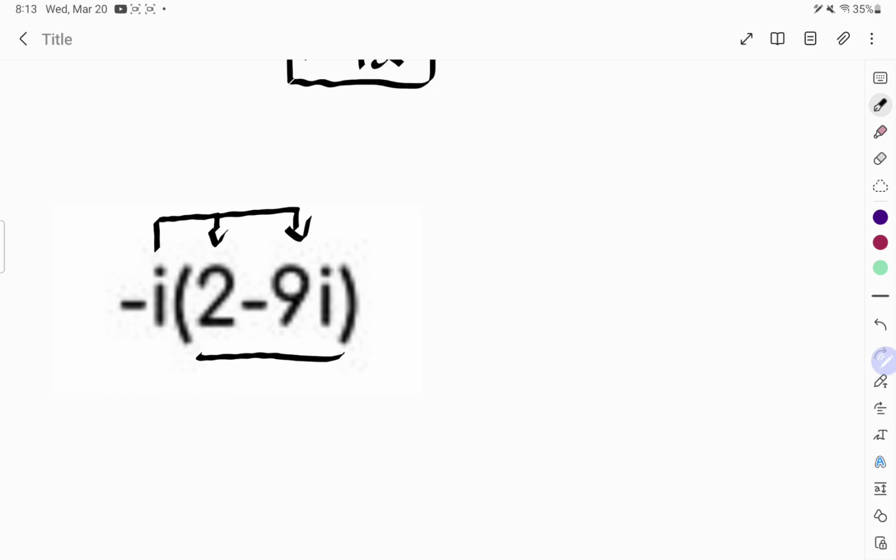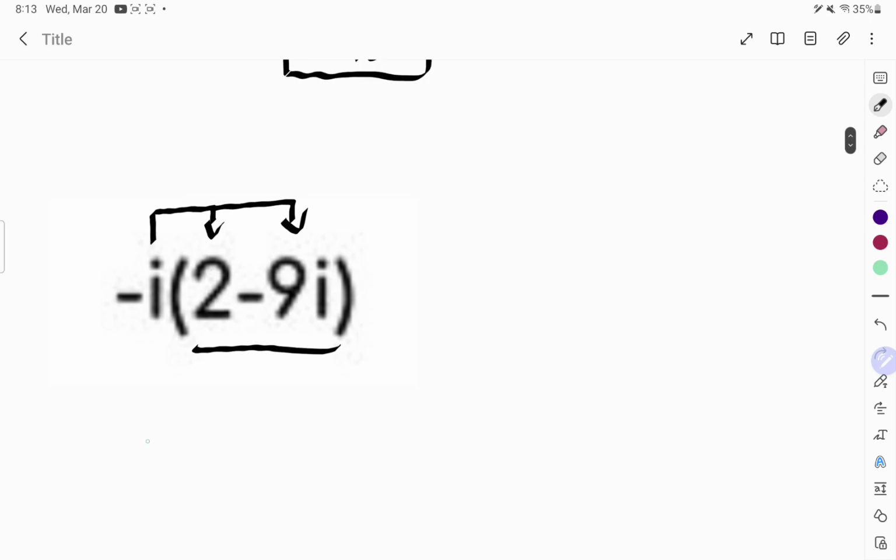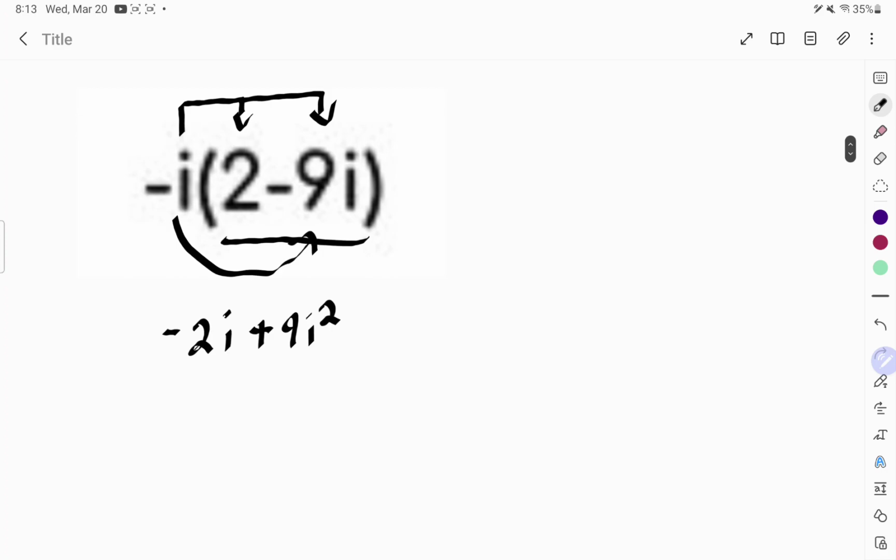So let's go ahead and do that. So i times 2 is going to be what? -2i. And then this one times this one is going to give me positive, because two negatives make a positive, 9i squared. Okay, so I just multiplied.